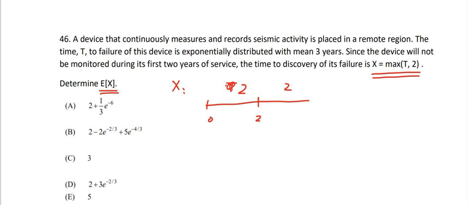So if t is larger than 2, then x is t. Okay.